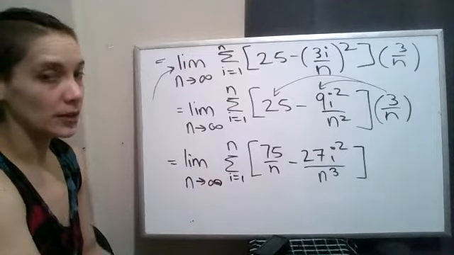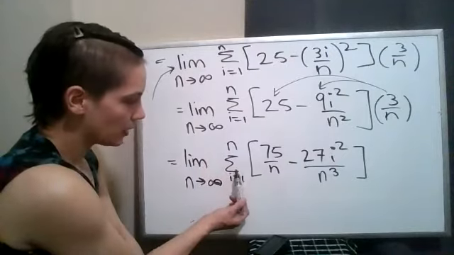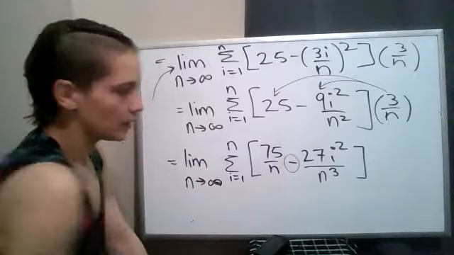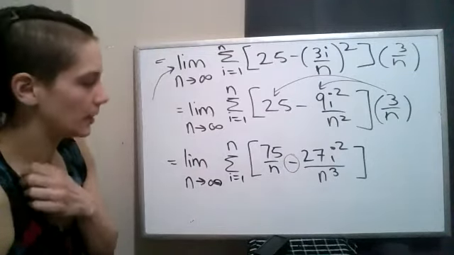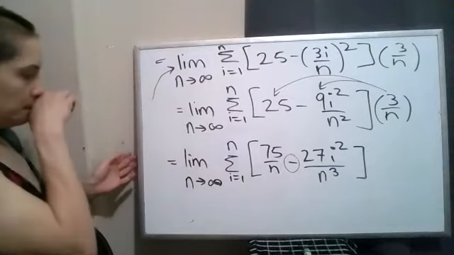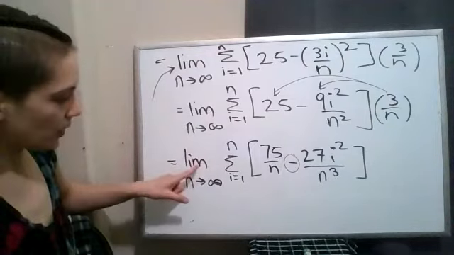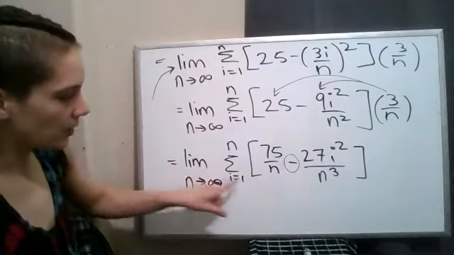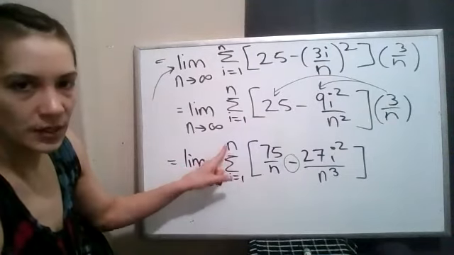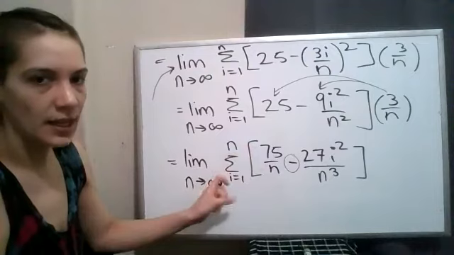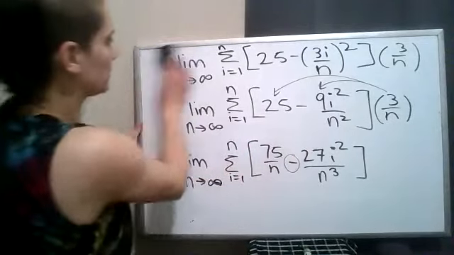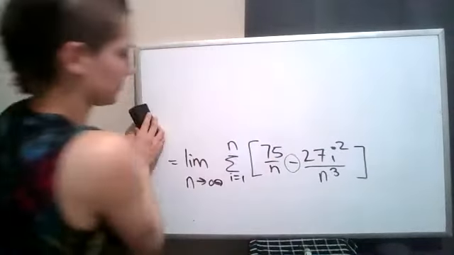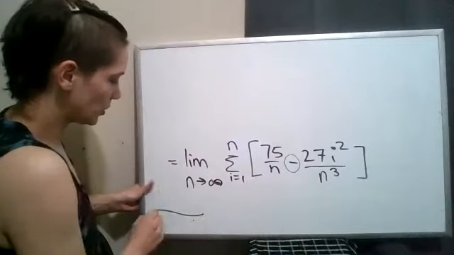And I think I want to do a step where we break up the summation. So we're going to do the limit as n goes to infinity of the sum from i equals 1 to n of this term and the sum from i equals 1 to n of that term.